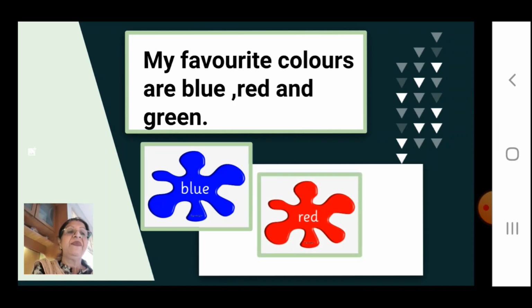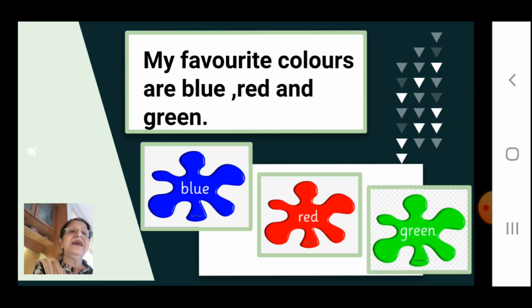Red and green. So we have put a comma after blue and we have separated the series of words. My favorite colors are blue, comma, red and green.